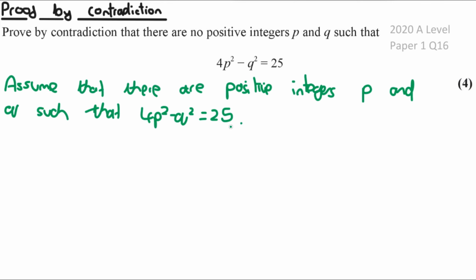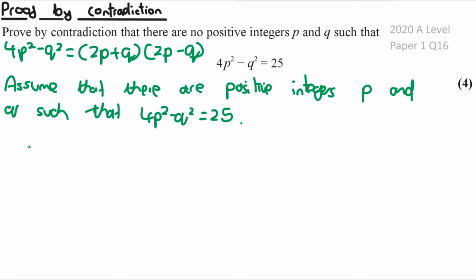Okay, so what can we do from here? So firstly, hopefully you realize that this is actually a difference of two squares. So 4p squared minus q squared is equal to, and we can write this as a difference of two squares, where if we square root this, this is 2p, and this is 2p, and if we square root this, this is q, and this is q, and this will be a plus, and this will be a minus.